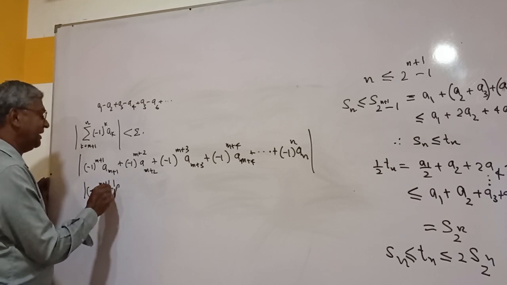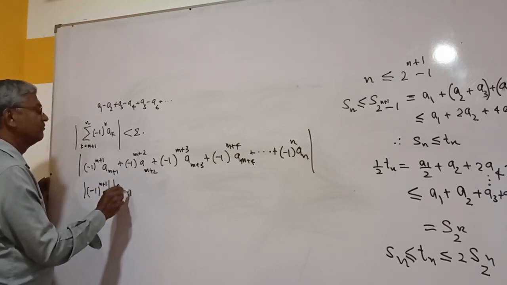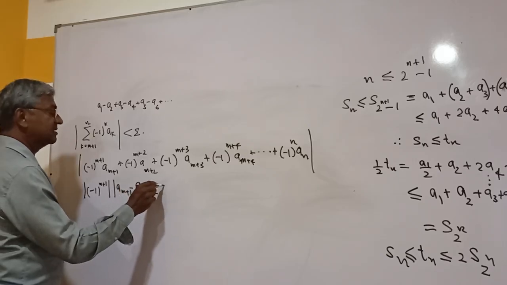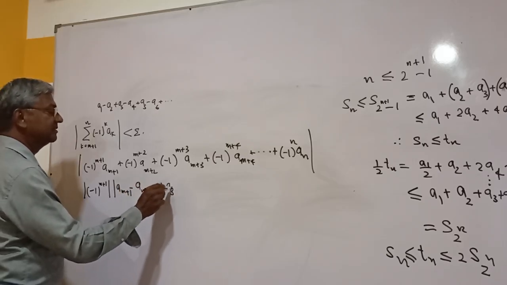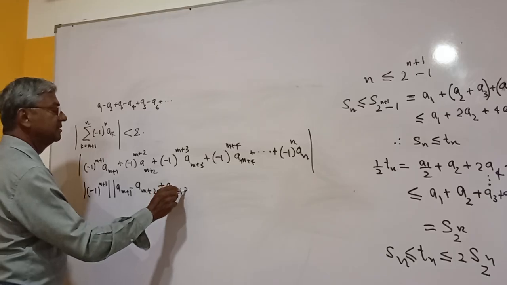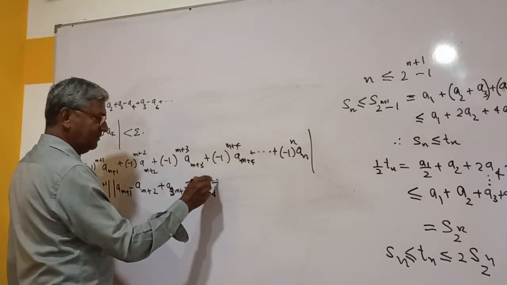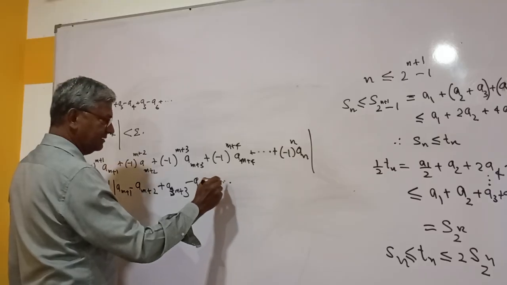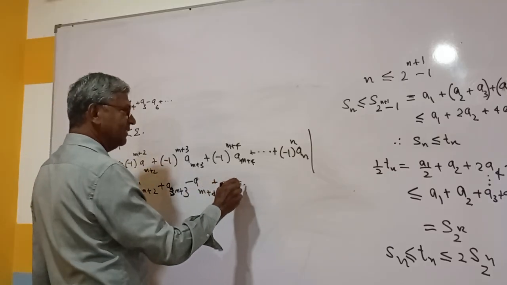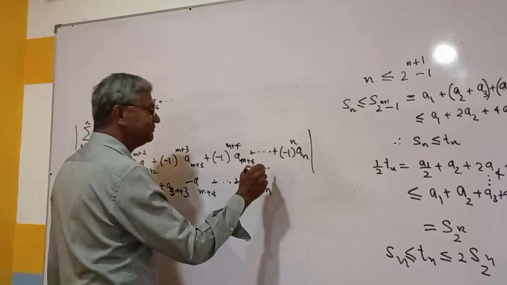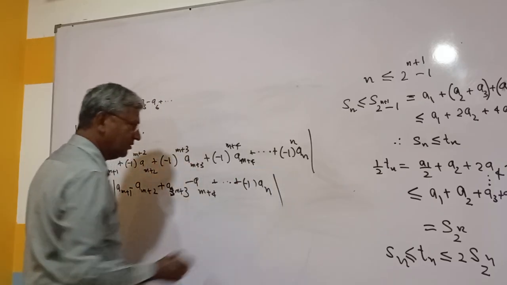Then inside you have A m plus 1 minus A m plus 2 plus A m plus 3 minus A m plus 4. Something like this. Minus 1 to some power, whatever it is. This is what you are going to get.